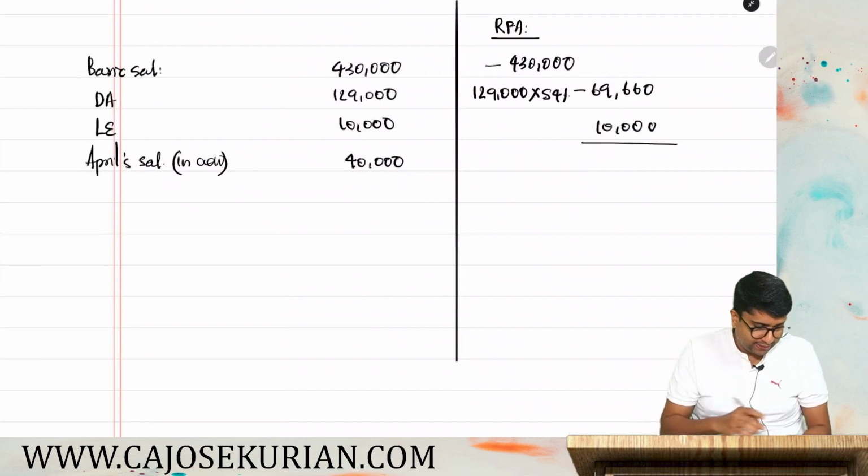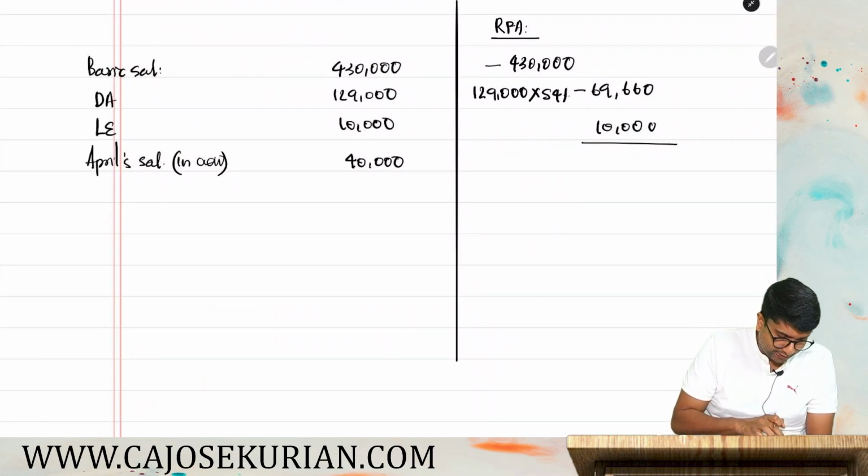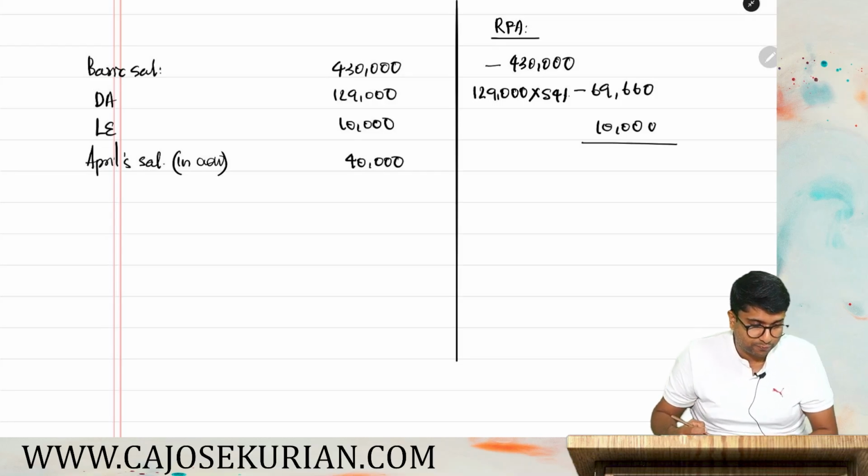So can you add these items together? 4,30,000 plus 69,660 plus 10,000. It shall be 5,09,660, the salary for that respective year.